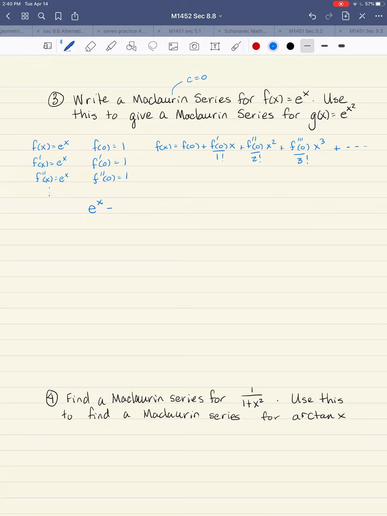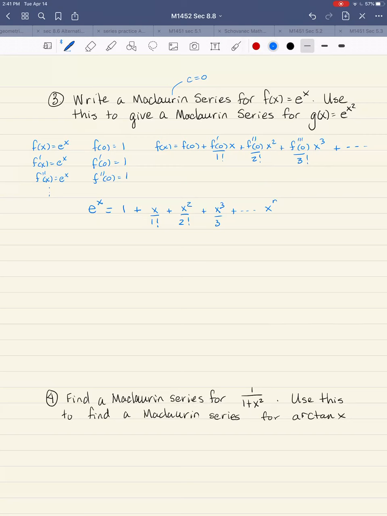And so in this example, let me pull it down here, e to the x looks like e to the 0, which is 1. F prime of 0 is 1 over 1 factorial, so that's going to be x over 1 factorial. F double prime is 1 times x squared over 2 factorial. F triple prime is 1 times x cubed over 3 factorial, and so on.